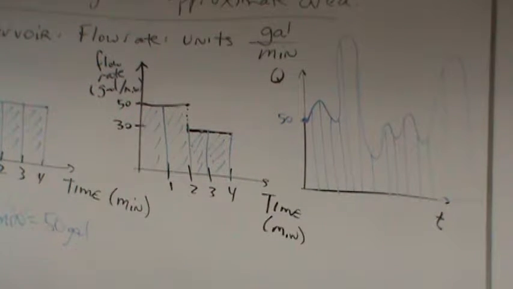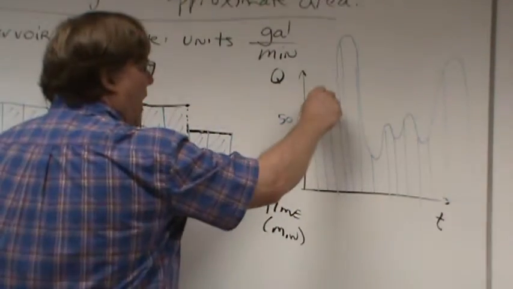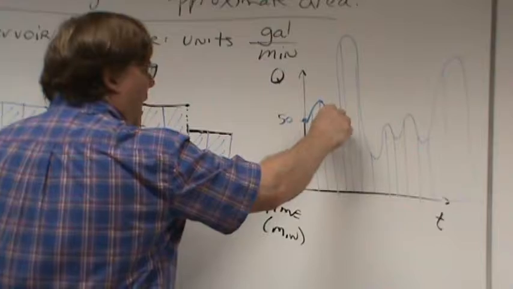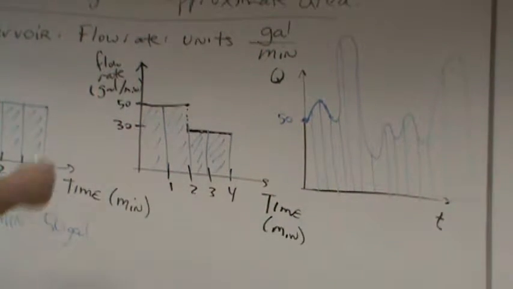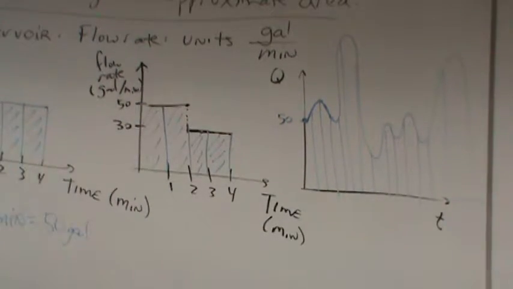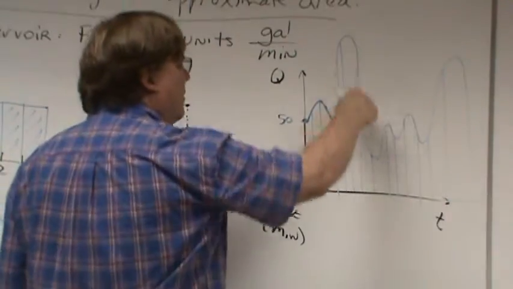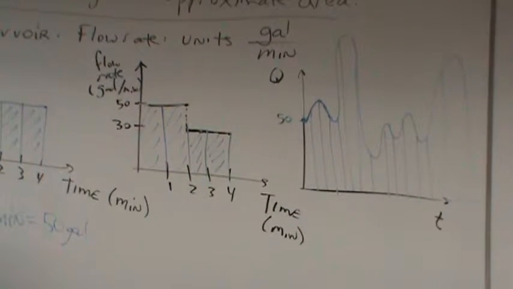The problem is, now that I've made all these partitions, because my graph is curvy, I've got to decide what the height of my rectangle is. Here, it was easy to choose a height for the rectangle because every one of these lines was horizontal. But what happens when my line is curvy? How do I choose what the height of my rectangle is? Well, in this class, in high school class, you're going to have three choices.